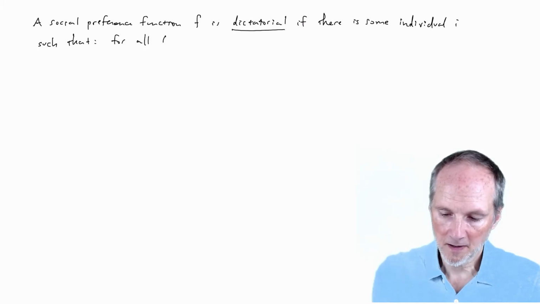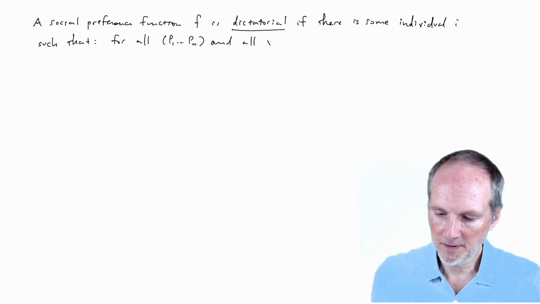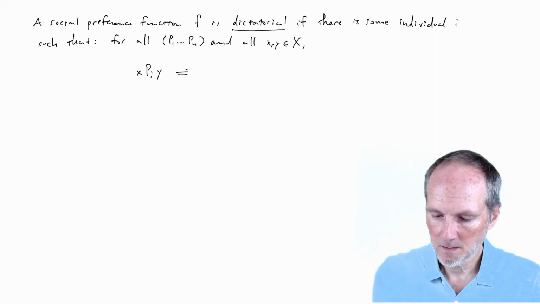For every profile and every pair of alternatives, if that individual prefers X to Y, then so does society according to the social preference function.